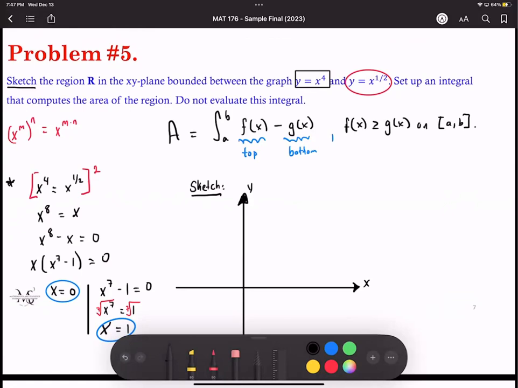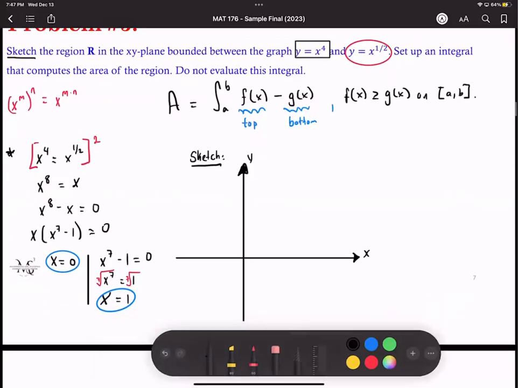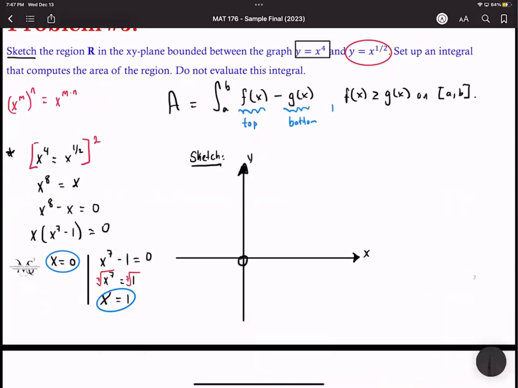So it would resemble the graph of y equals x squared. So informally, it looks like I'll be drawing a graph of a parabola, right? So here's the origin, by the way. Let's say here's x equals 1. Here's y equals 1.